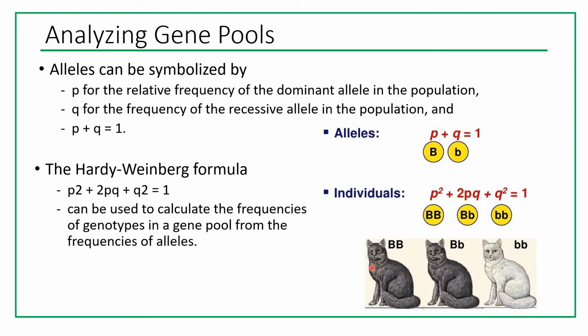So if you can make an observation about phenotype, you can use this formula to calculate frequency of alleles, right? And then if you can calculate frequencies of a population, you can see if those frequencies are changing or not, and if they change, generation over generation, the population is evolving.